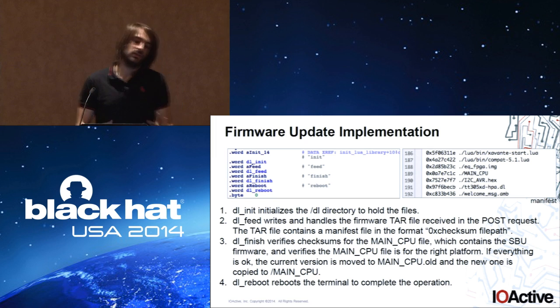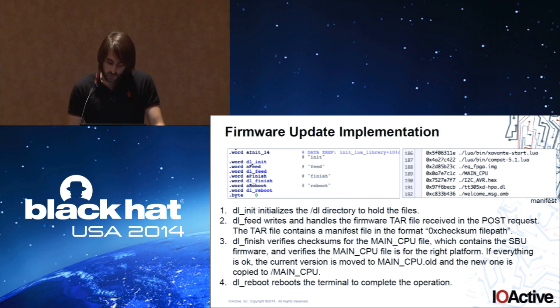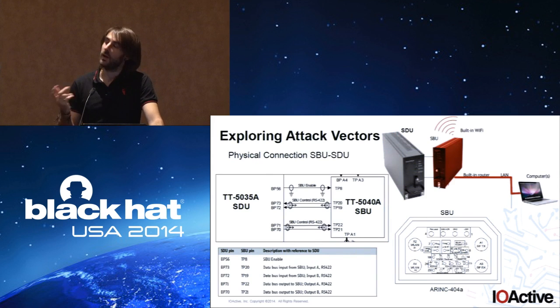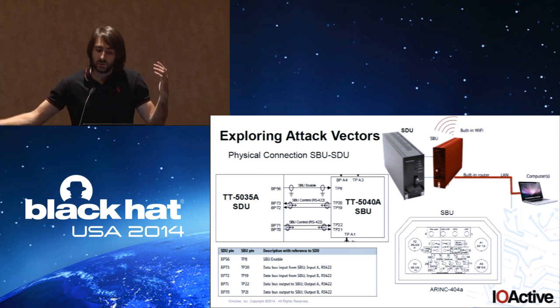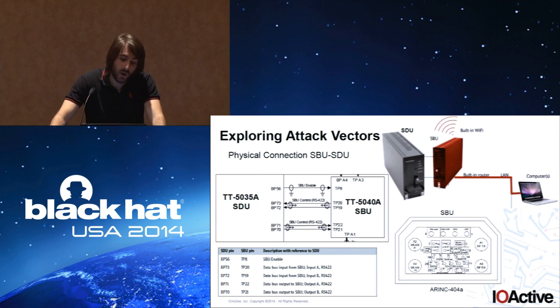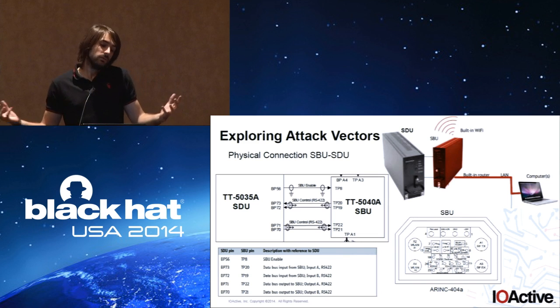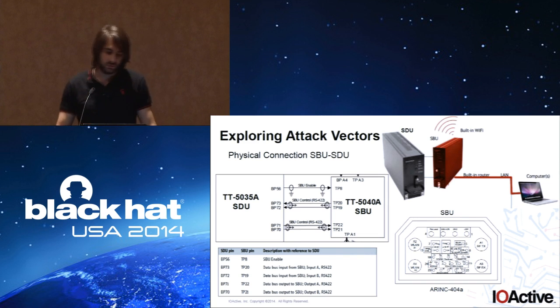But the interesting part obviously is that we have the ability to upload new firmware to the SBU. At this point, we have compromised the SBU from the in-flight entertainment network, the LAN or the Wi-Fi access point. And the interesting thing is to see how we can pivot from the SBU to the SDU, or if there is any chance to do so.